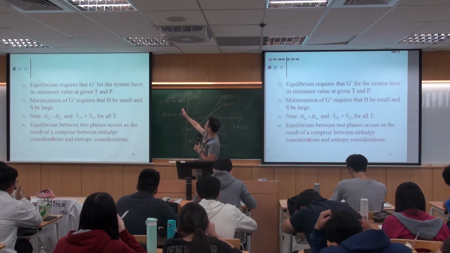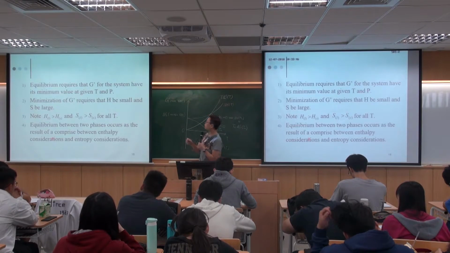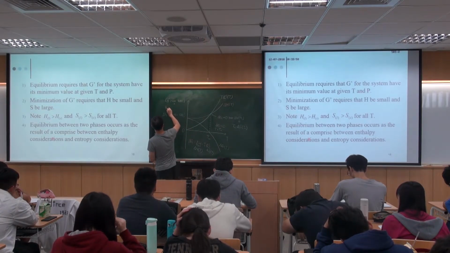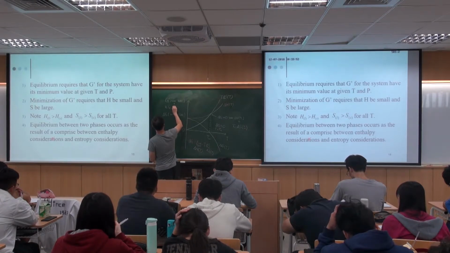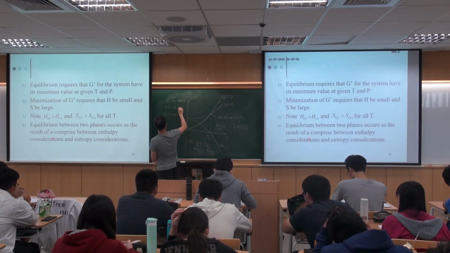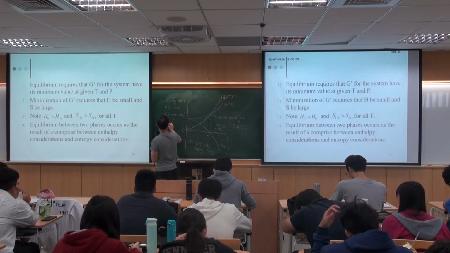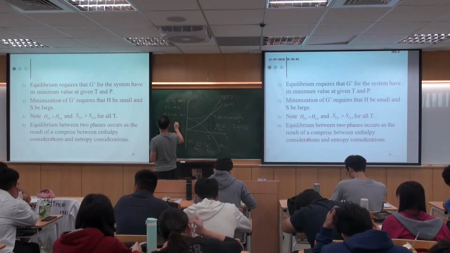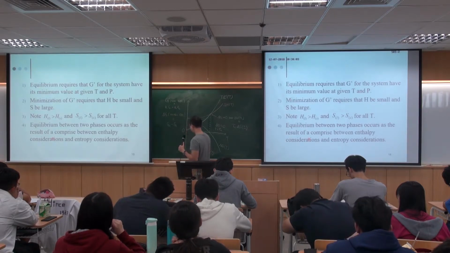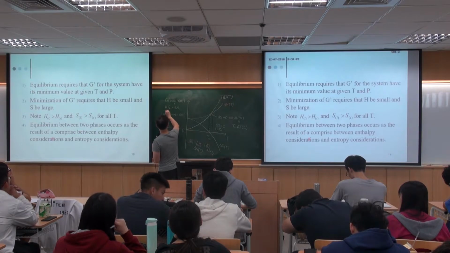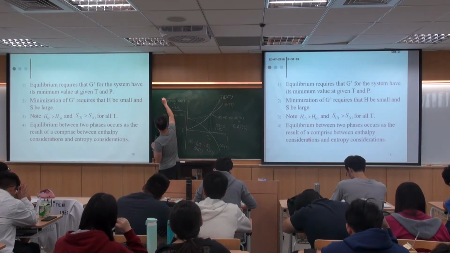If you're using G prime as your total Gibbs free energy, this means that this is like, for instance, N1 G1 plus N2 G2. And in this case, this is G2 minus G1. Right, so these are two different things, here and here.